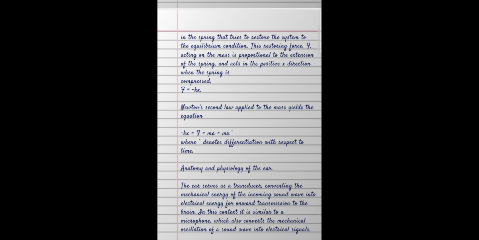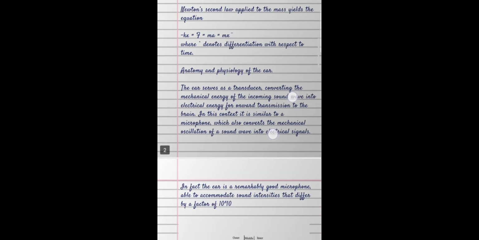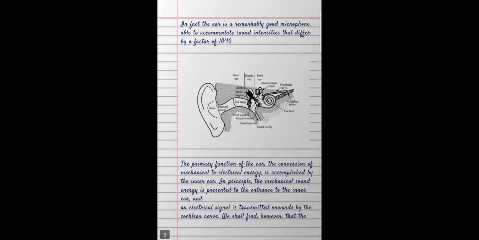In this context, it is similar to a microphone, which also converts the mechanical oscillations of the sound wave into electrical signals. In fact, the ear is remarkably good, able to accommodate sound intensities that differ by a factor of 10 to the power of 10. You can see this diagram of the ear.